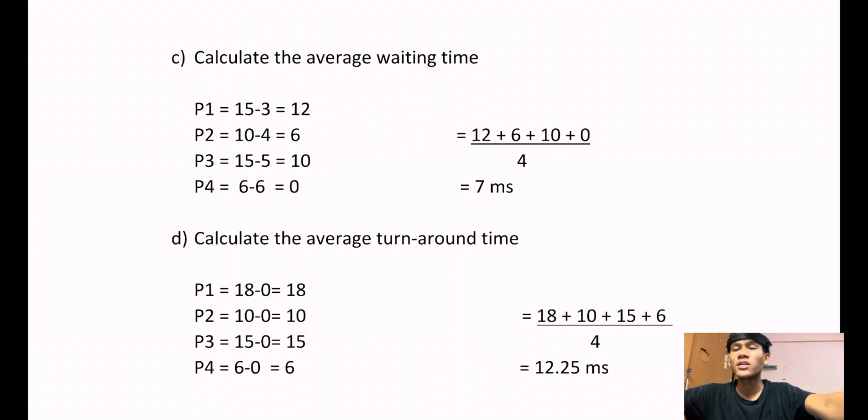The formula of turnaround time is completion time minus arrival time.